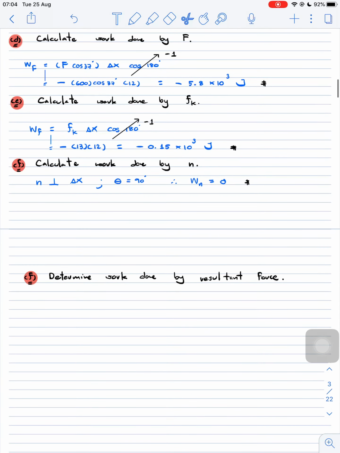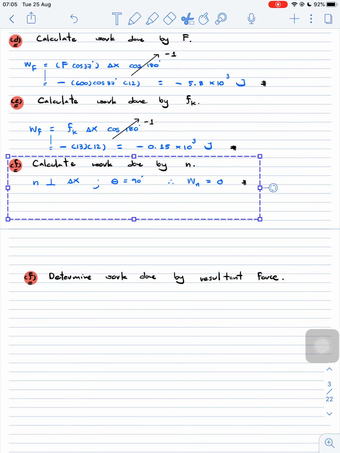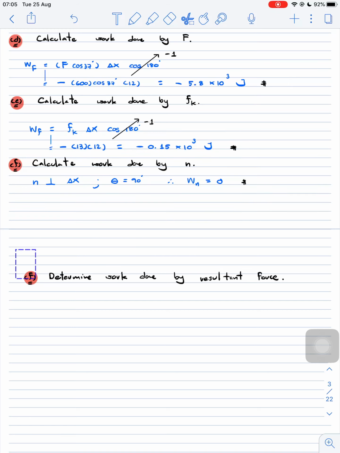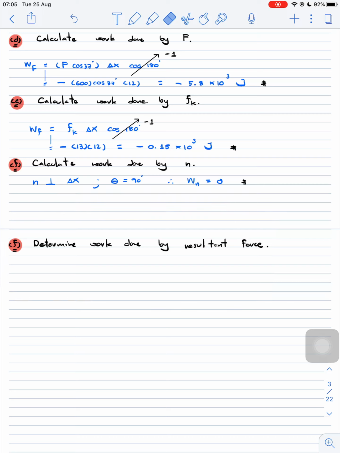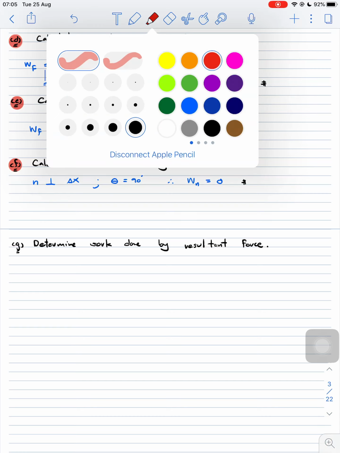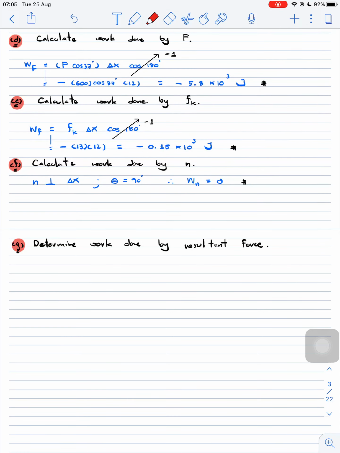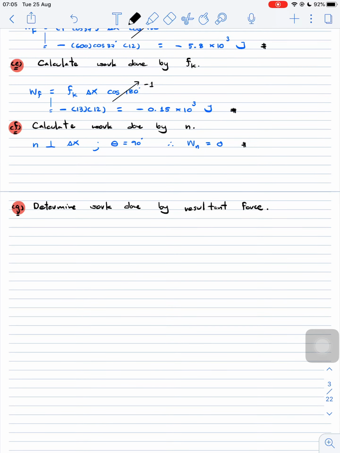Okay, so now, okay, F and G, right? So now for the part G. We need to determine the work done by the resultant force. As I mentioned before, we can have two approaches that we can solve for this one, right?